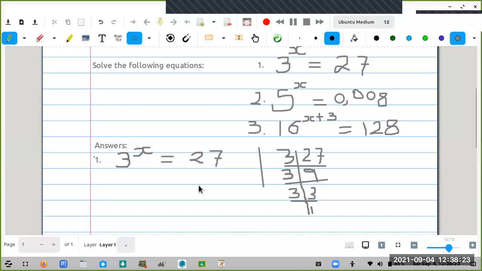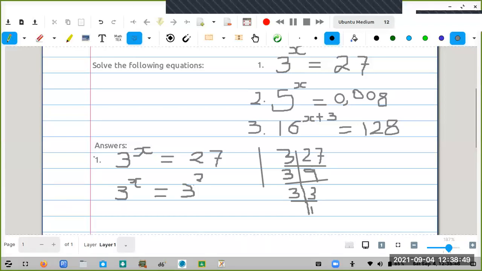So I can rewrite my exponential equation as 3 to exponent x is equal to 3 to exponent 3, now using base 3.